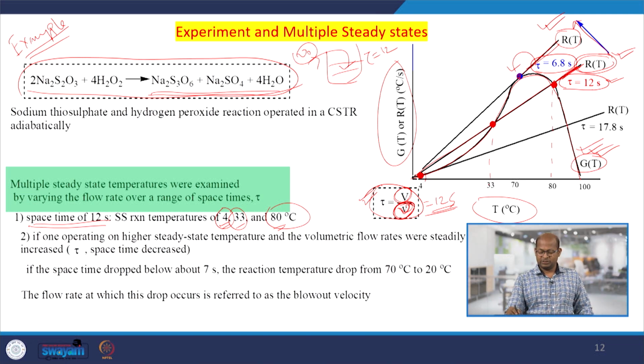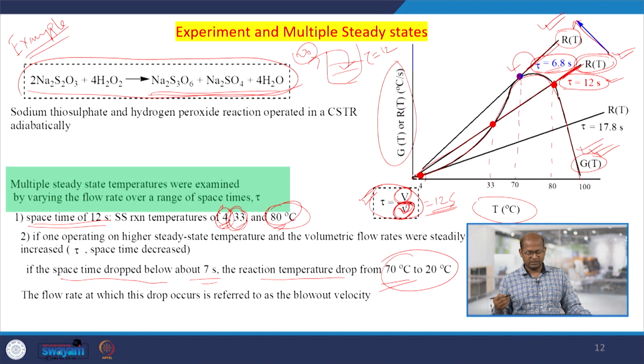This is close to 70, so 70 degree centigrade. When space time dropped to 6.8 seconds, the reaction's steady state temperature drops to 70 degree centigrade. Initially it was 80 degree, and then 33 and 4 were the steady state temperatures.